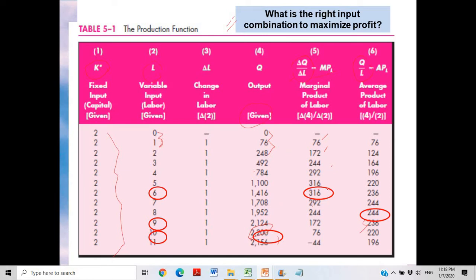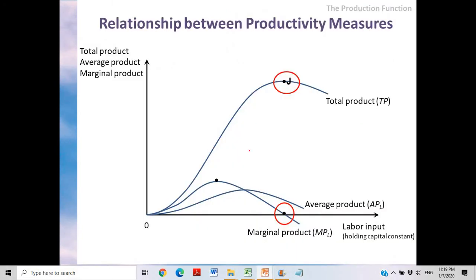Similar for marginal product, it reaches the maximum and drops, and also the average product as well. That's why the shape of the graph is like an umbrella: it increases, reaches the maximum, then decreases, for the total product, average product, and also the marginal product.